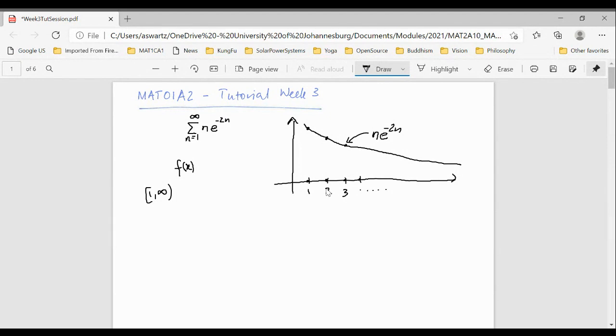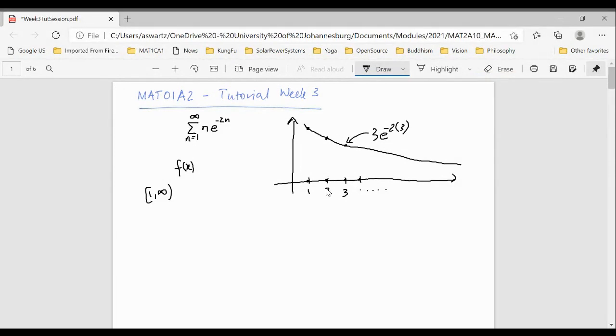For n equals 3 in this case, let's fix that quickly. I must have 3e to the minus 2 times 3, and so on.